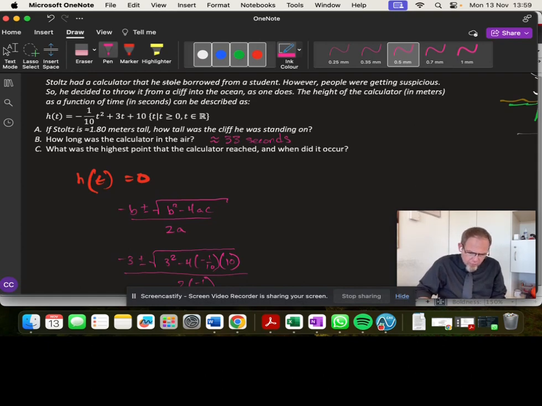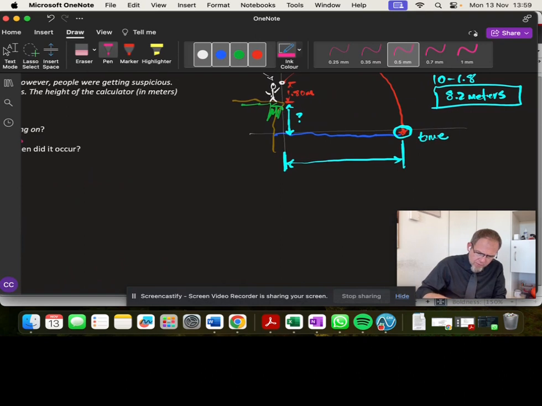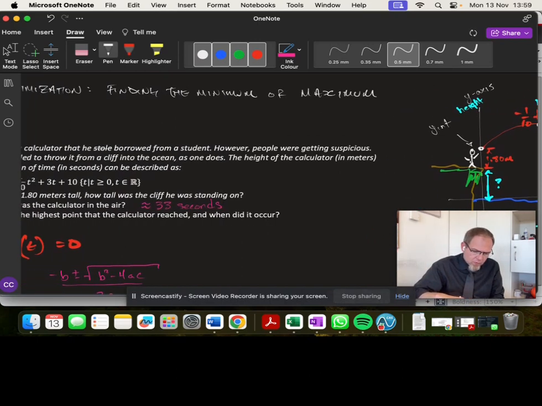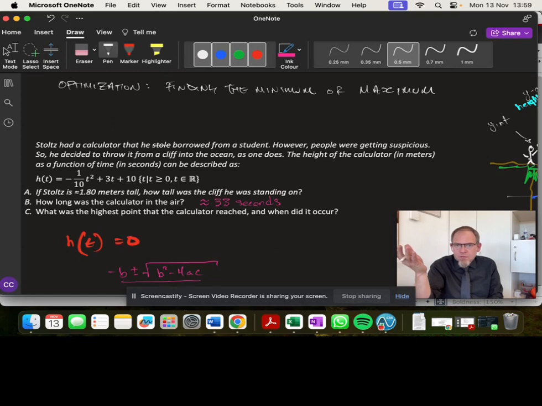Next, we want to know when the highest point the calculator reached and when that happened. When we say highest point, we got to think vertex. It's just a matter of finding the vertex. So, again, options.